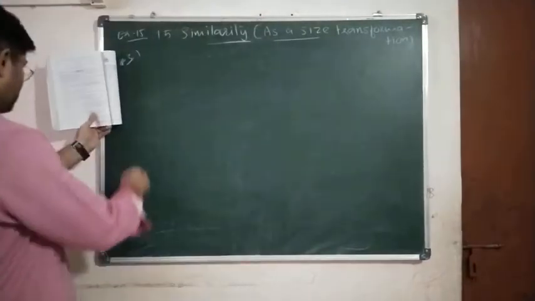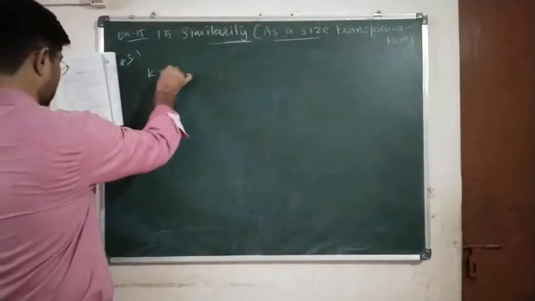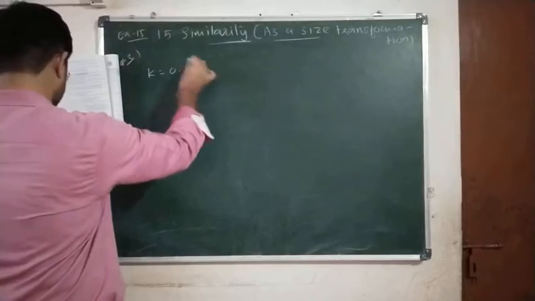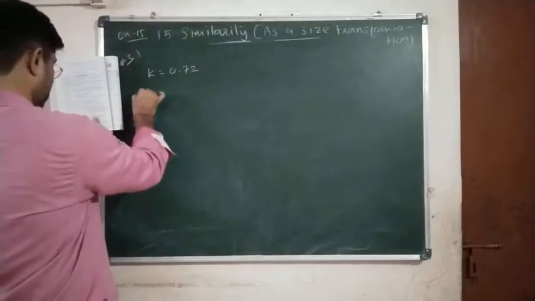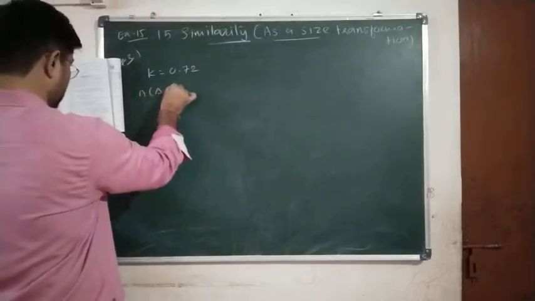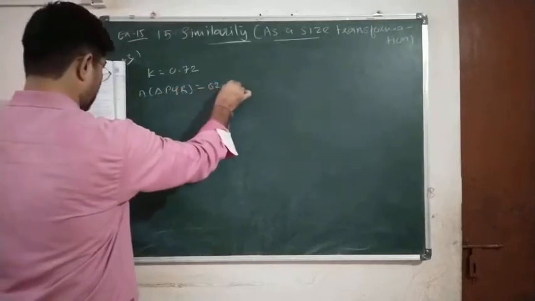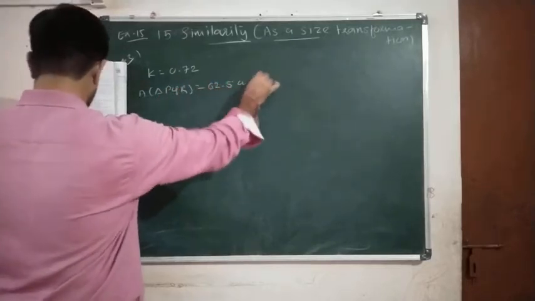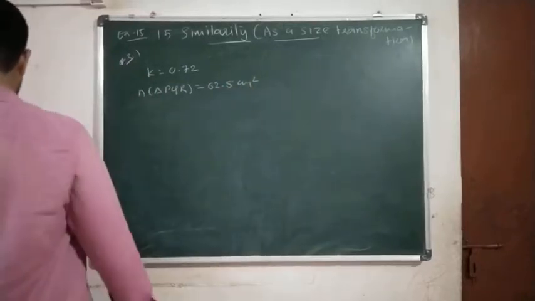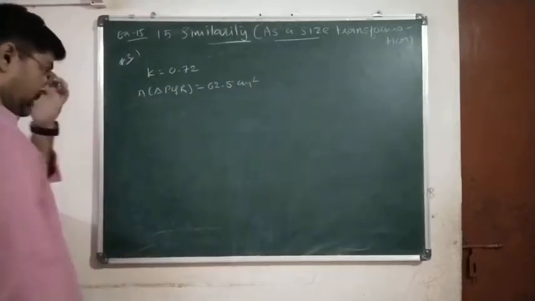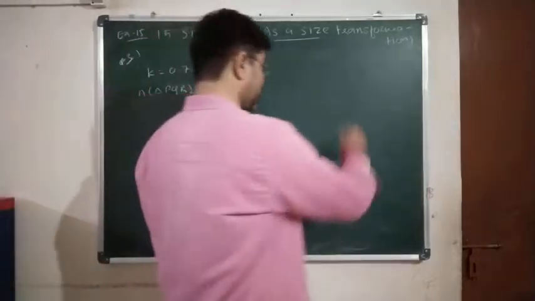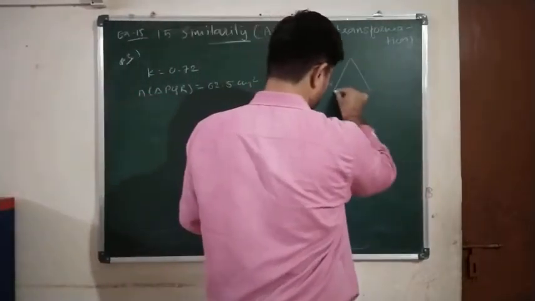Here scale factor K is given as 0.72. The area of triangle PQR is given to be 62.5 square centimeter. We have to find the area of the image. Triangle PQR is reduced to the smaller one.